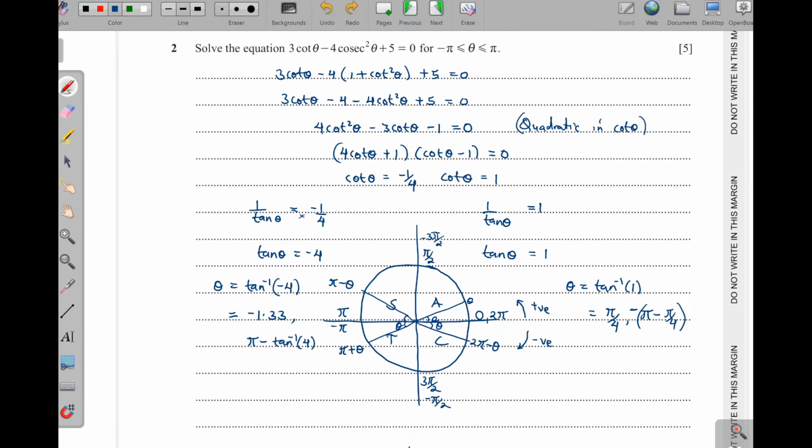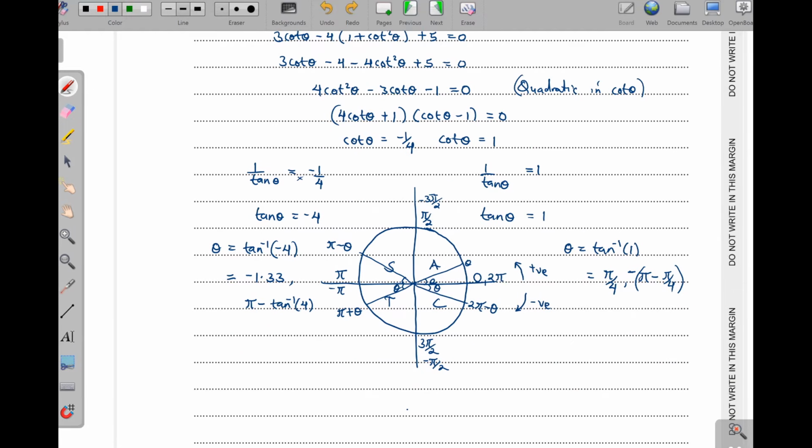So this therefore implies that my answer here is going to be, this is pi over 4. I can write them maybe in ascending order. And this one is going to be what? This one is also negative, so I will have negative 3 pi over 4, not so?